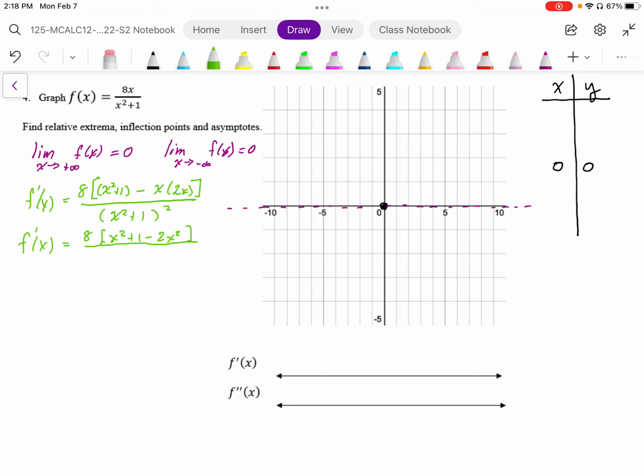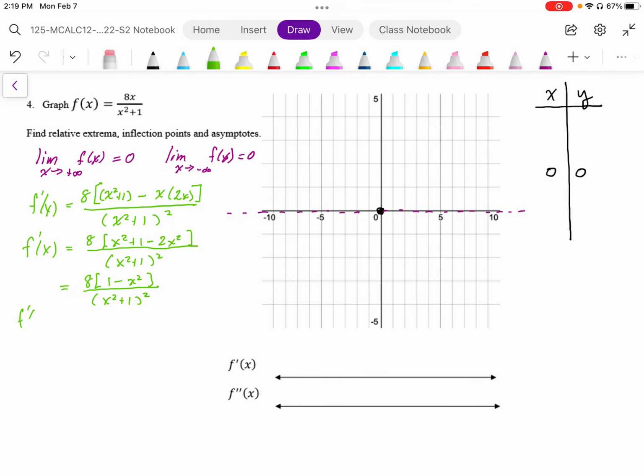So this ends up being 8, and I end up with 1 minus x squared in the numerator over x squared plus 1 all squared.